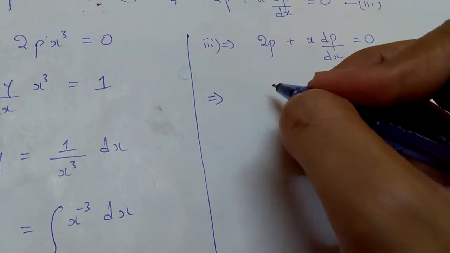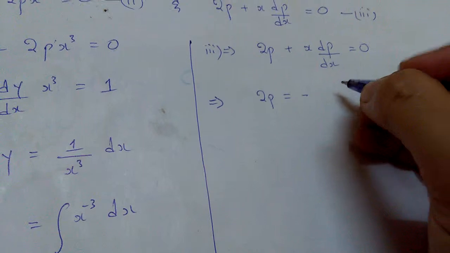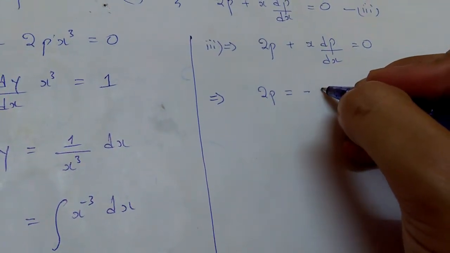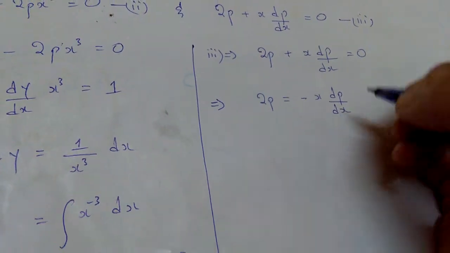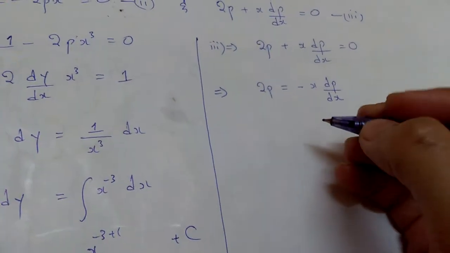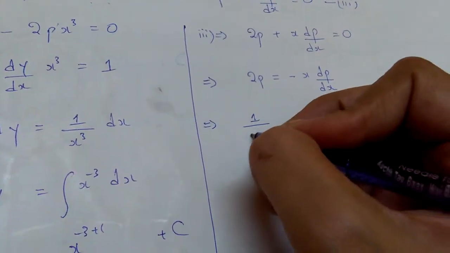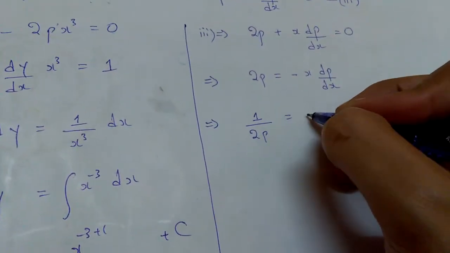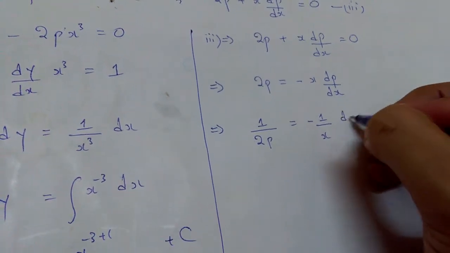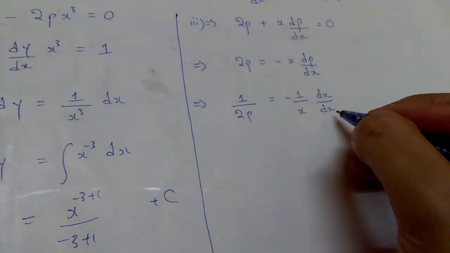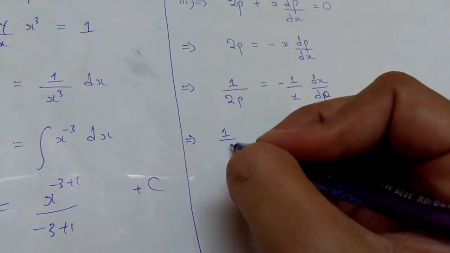So how it looks like, it is dp equals to minus x dp by dx. So we can take the reciprocal. So if we take the reciprocal, okay, now you just shift this dp here, and then we apply the integral.